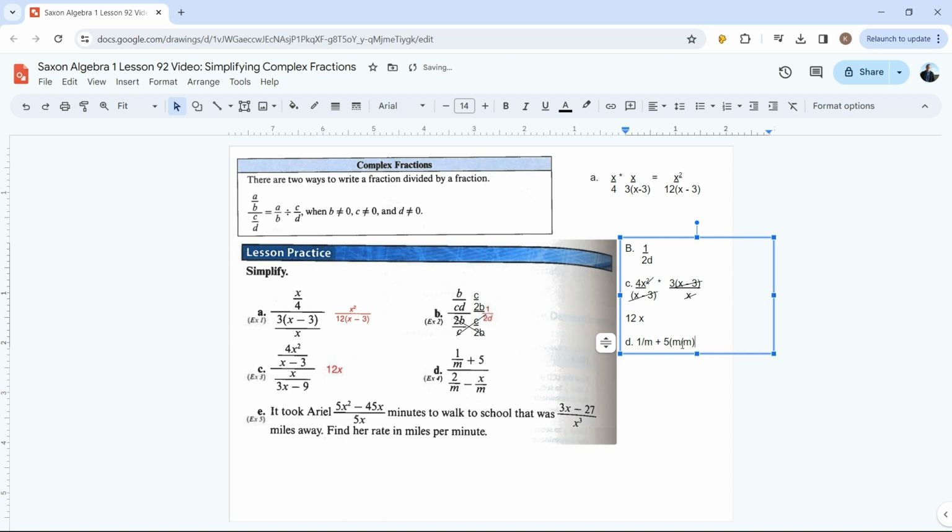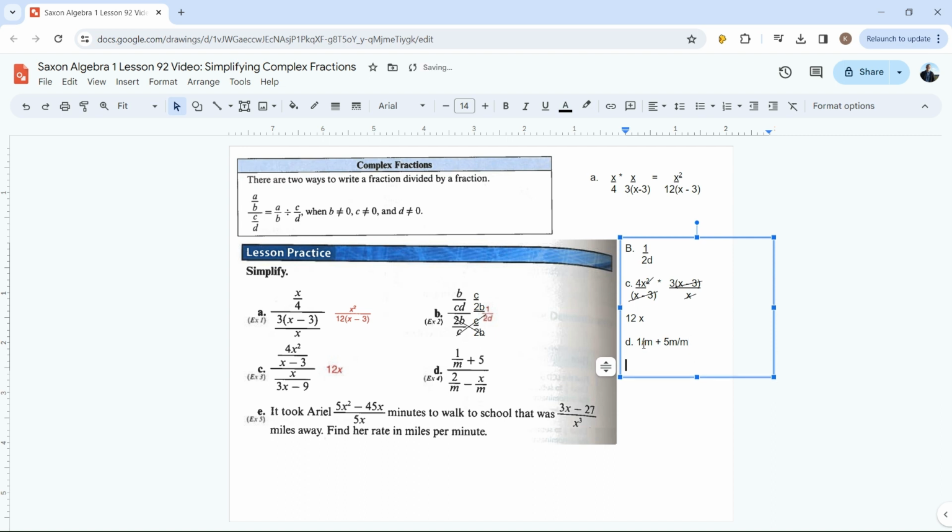M over m is just 1, so I'm actually just multiplying the 5 by 1. When I multiply 5 times m over m, it becomes 5m over m. Hey, and I can add these. Now that I have 1 over m plus 5m over m, that becomes 1 plus 5m over m.